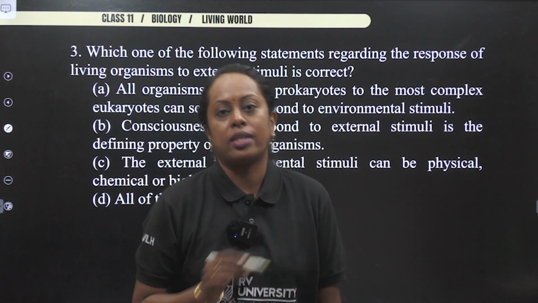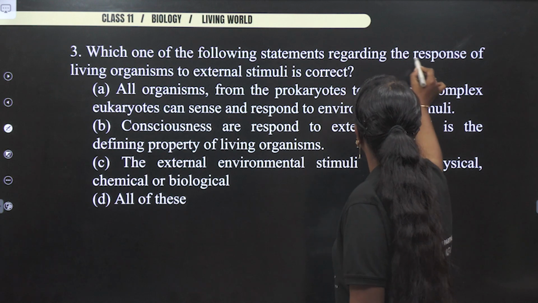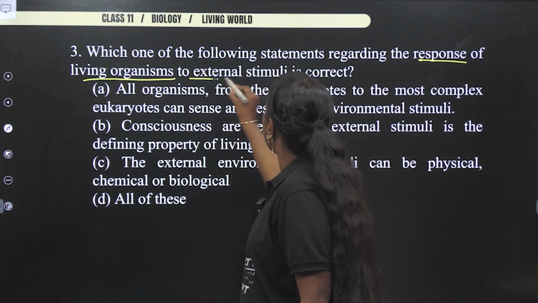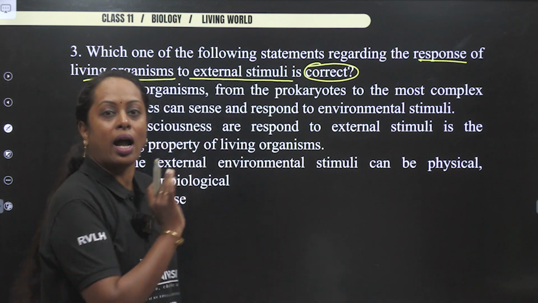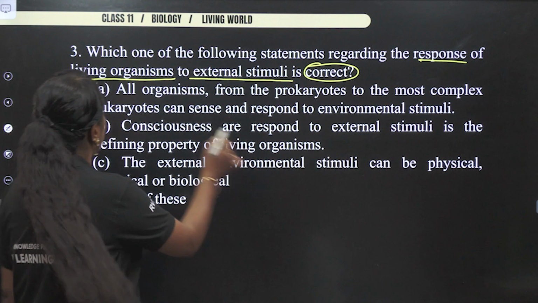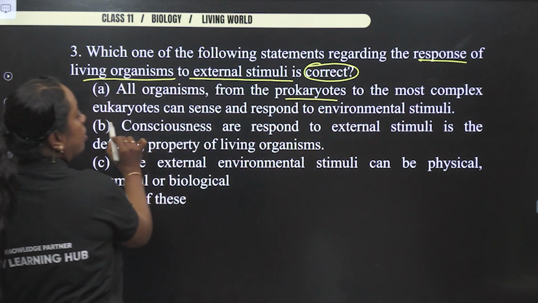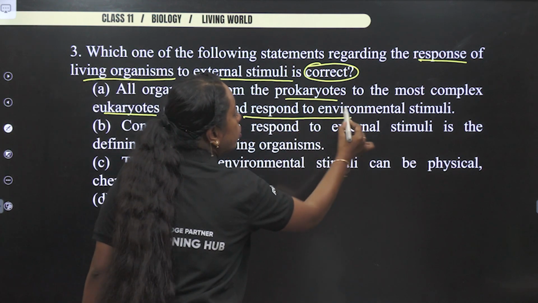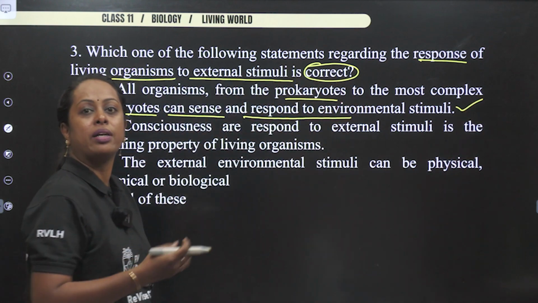So next question. Which one of the following statements regarding the response of living organisms to external stimuli is correct? The question says the word correct, so I highlighted the word correct. All organisms from prokaryotes to the most complex eukaryotes can sense and respond to environmental stimuli. Yes, they have to respond to environmental stimuli.